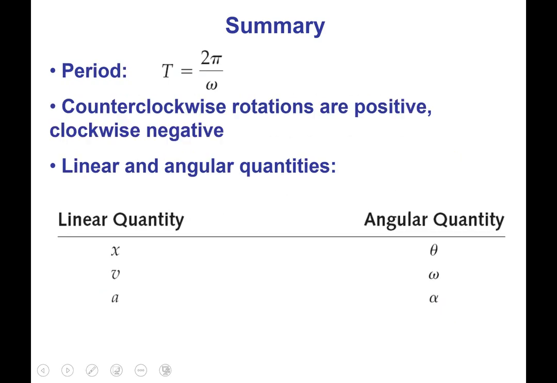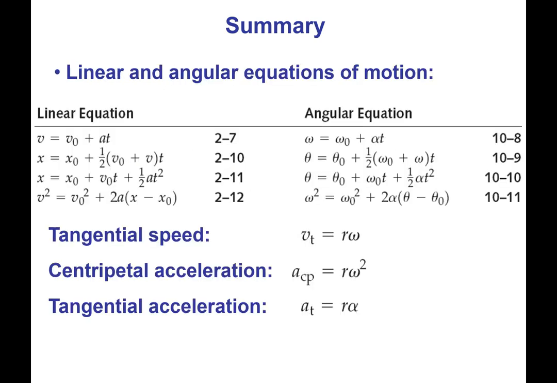This is on your formula chart, knowing that going counterclockwise is positive and clockwise is negative, and knowing linear quantities versus angular quantities. These are not on your formula chart, but just good to know.